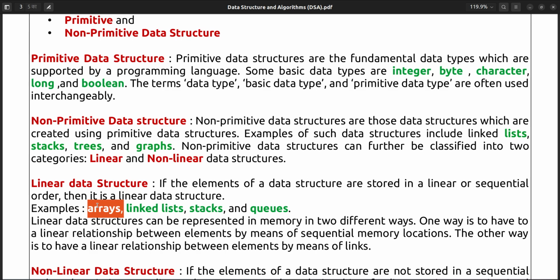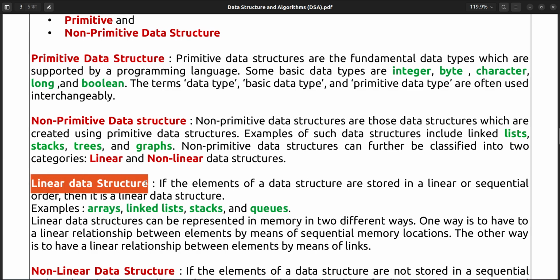There will be an index, and the elements occupy memory one after another. Suppose the memory address of the first location is 1, then the second element will be stored on the second location, and the third element in the third location.